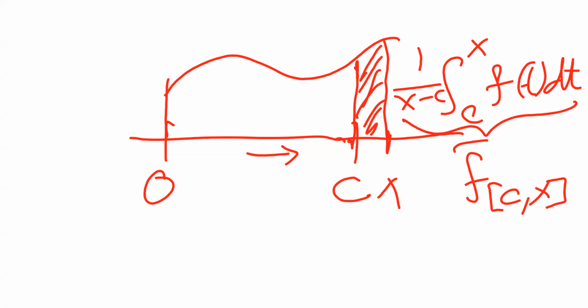So there's going to be a point, say y, such that this is equal to f(y) for some y between c and x. This is by the mean value theorem for integrals.